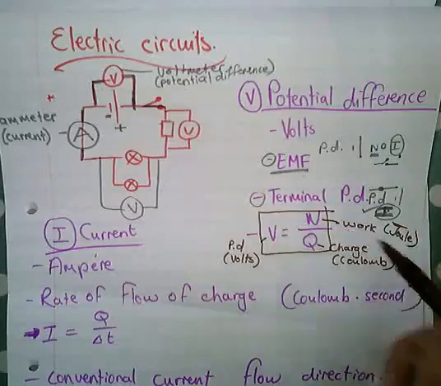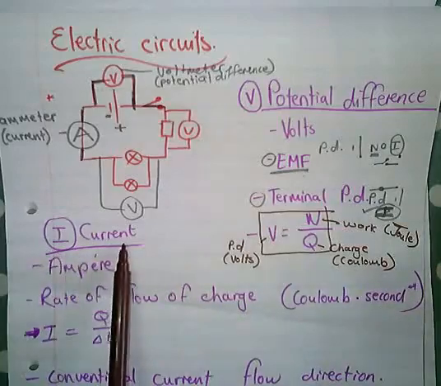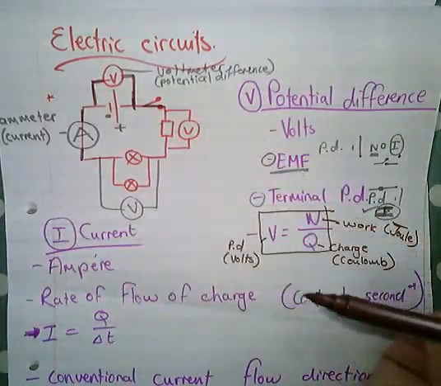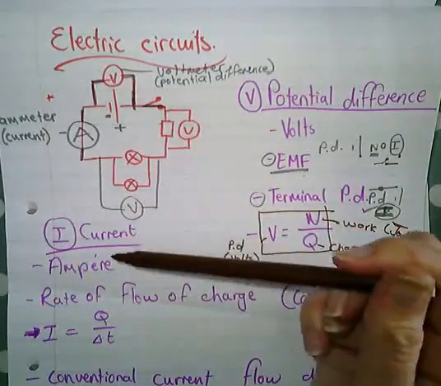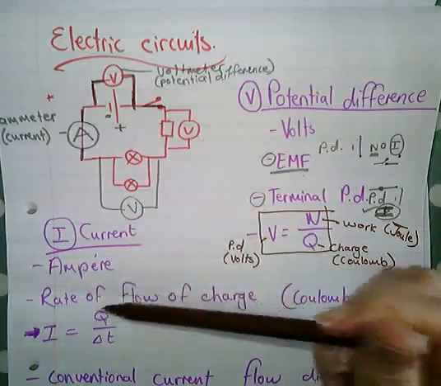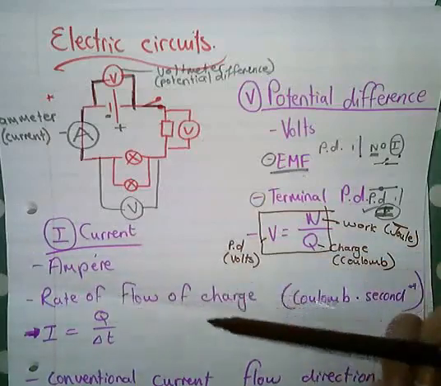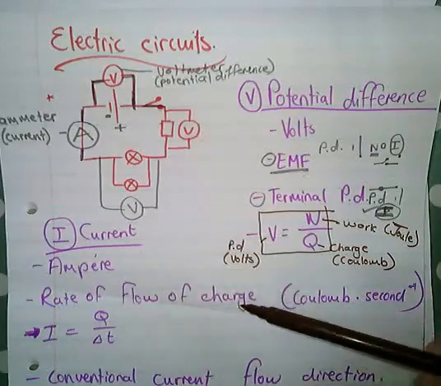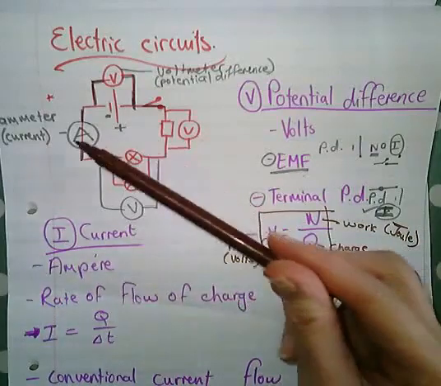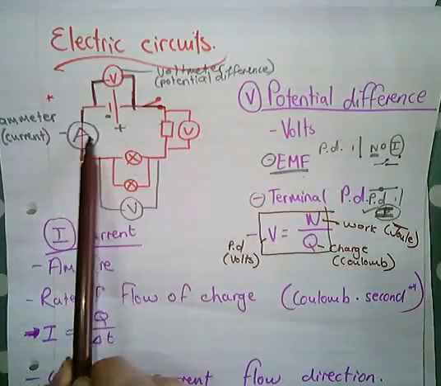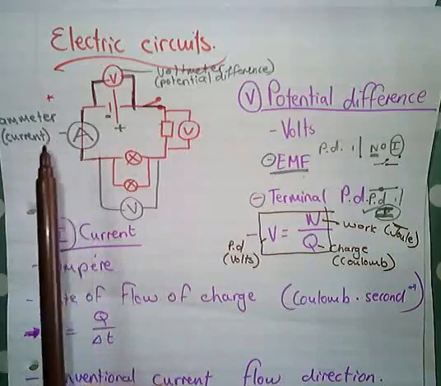Then current is the second thing that we always get in a circuit. The current is the rate of the flow of charge. It's how many charges or electrons pass a certain point in a certain time. So in this circuit diagram, that would be there because that ammeter measures the current.